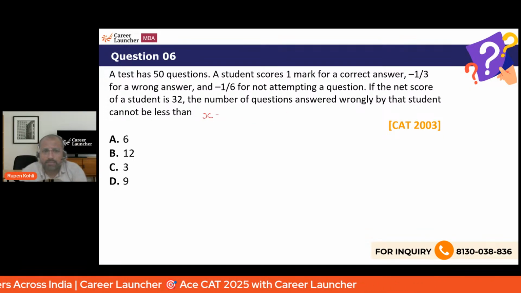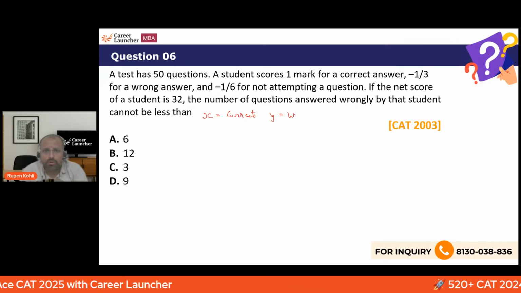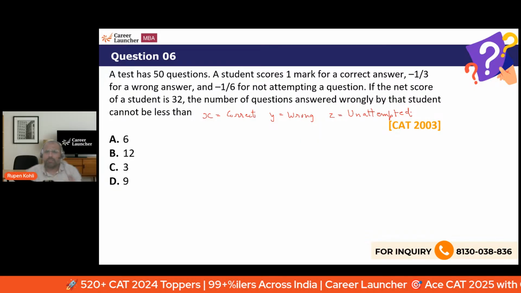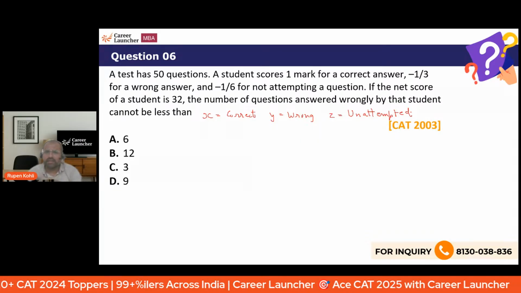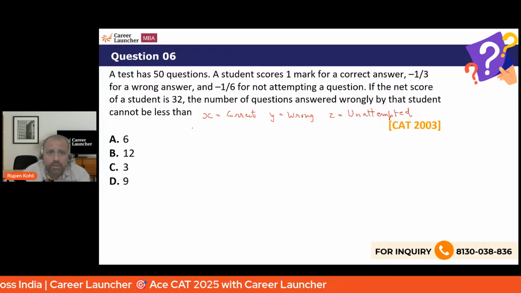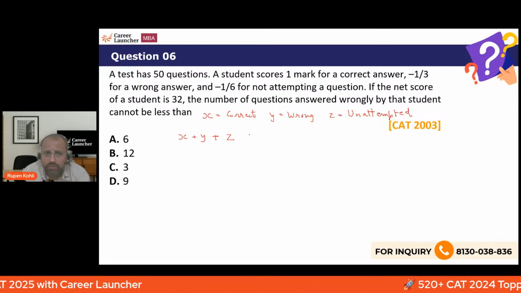Let's say x is the number of correct questions that he marked, y is the number of wrong, and z is the number of unattempted questions. There is no other fourth way he could have responded to any question. In any paper, you can only respond to a question in three ways: get it correct, get it wrong, and don't mark it. So obviously, x plus y plus z has to be 50, his total number of questions.